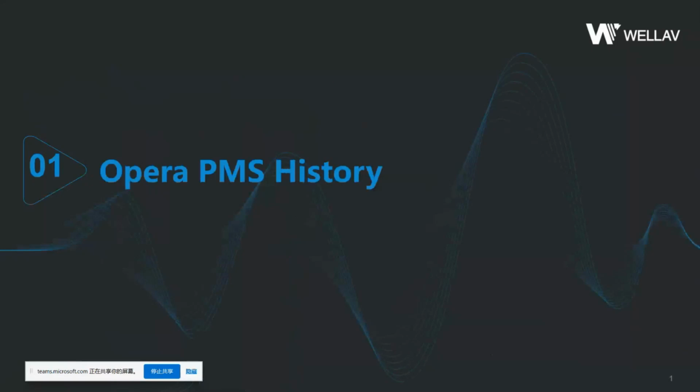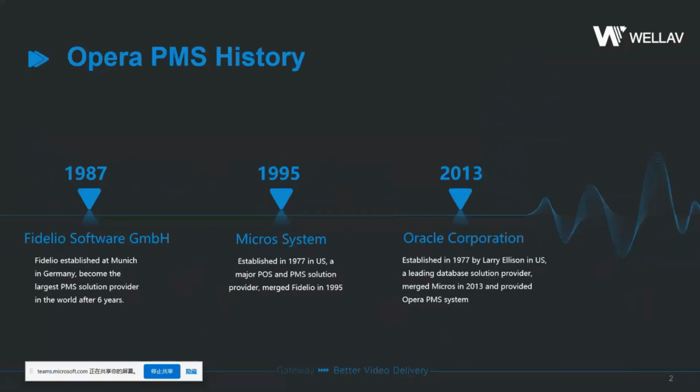For the Opera PMS, on the market we can see a lot of different names. That's the reason why I try to introduce the Opera PMS history, so you can have a better understanding of the different names and different technologies they are using. Opera PMS originally comes from Fidelio.